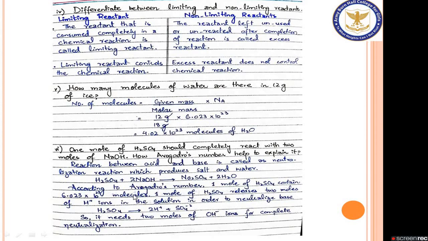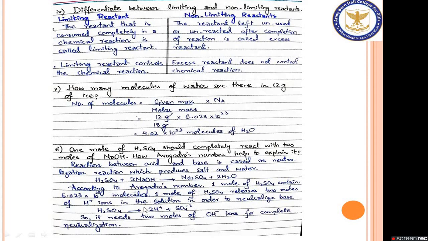According to Avogadro's number, 1 mole of sulfuric acid contains Avogadro's number of molecules. So 1 mole of sulfuric acid releases 2 moles of hydrogen ions in solution in order to neutralize the base. If we write the splitting of sulfuric acid, it gives us 2 moles of hydrogen ions plus 1 mole of sulfate ions.